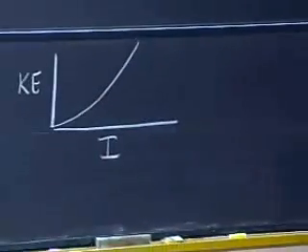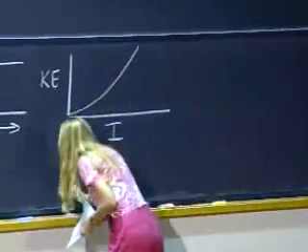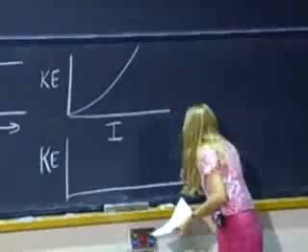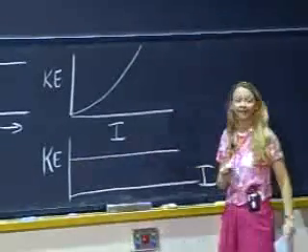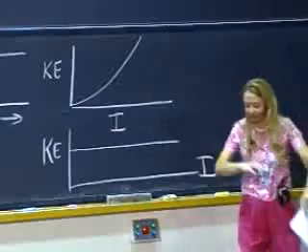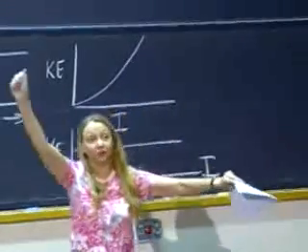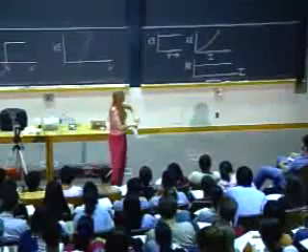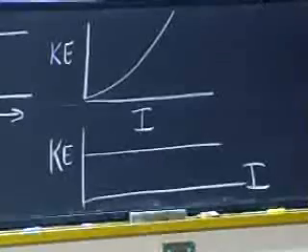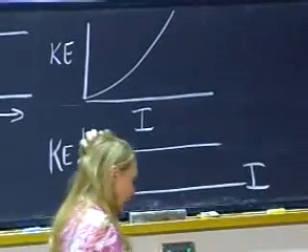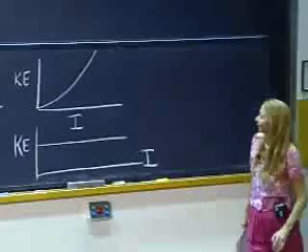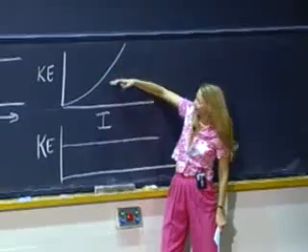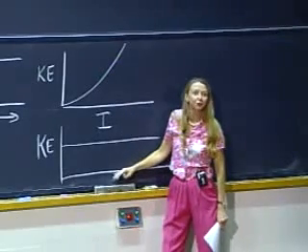All right, but of course the observation was that the kinetic energy of the electrons had nothing to do with the intensity of light. The kinetic energy of the electrons didn't increase as you made the light brighter and brighter. As you put more and more energy in, the kinetic energy remained the same. Didn't have an effect. So this was a real conundrum here. The known classical physics was making predictions really just contrary to what was being observed.